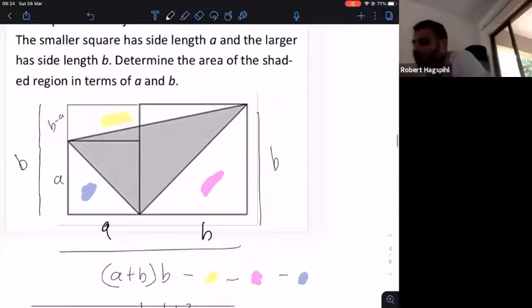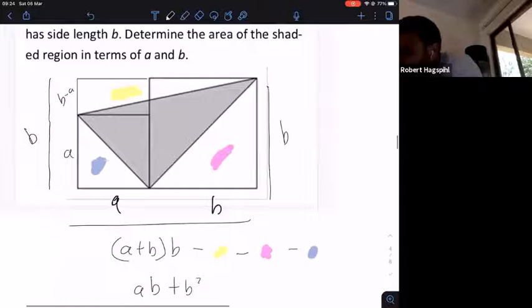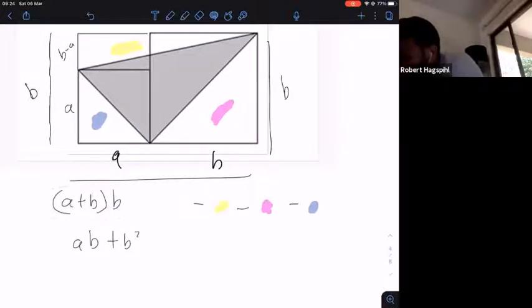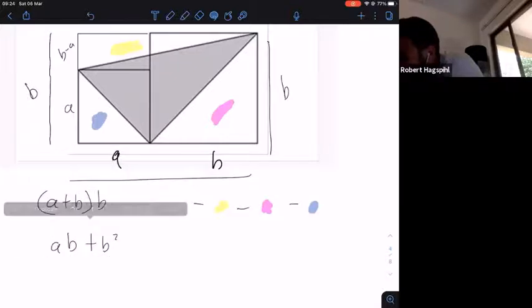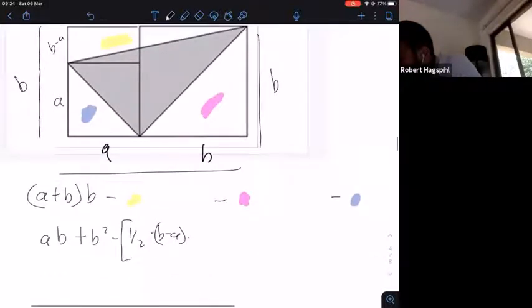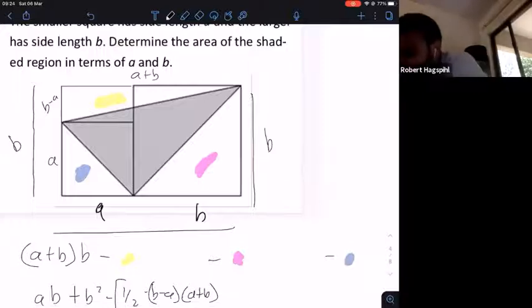So the yellow area is going to be a half times B minus A times A plus B, half base times height.